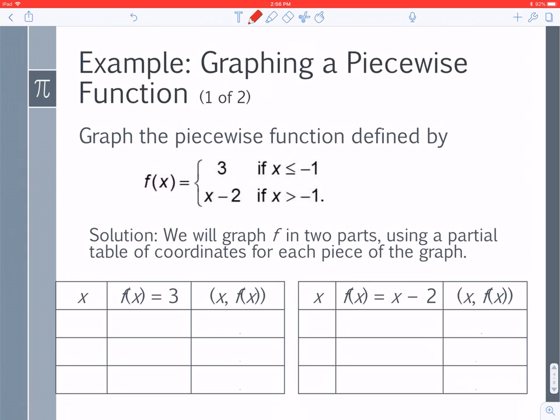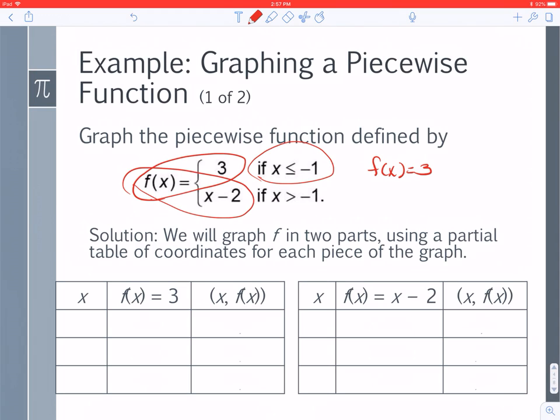So I'm going to graph f of x equals 3, for x less than or equal to -1, and f of x equals x minus 2, for all my inputs greater than -1.